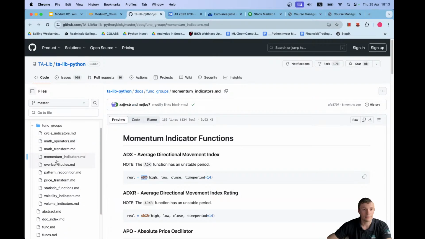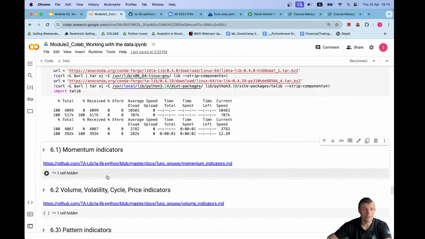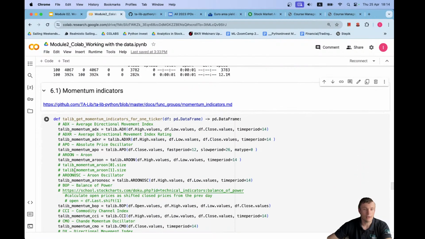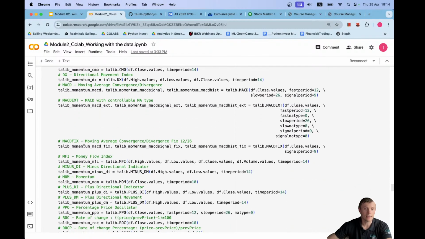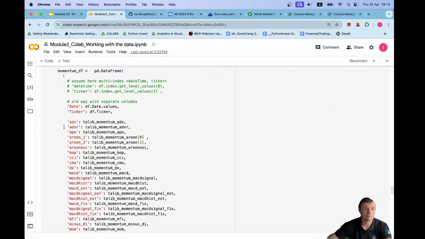And you can see that there are cycle indicators, momentum, pattern recognition, volatility, volume indicators. All links are here. The way I'm doing it, I define this function that gets all momentum indicators, that calls different functions from TA-Lib, and saves to one data frame.